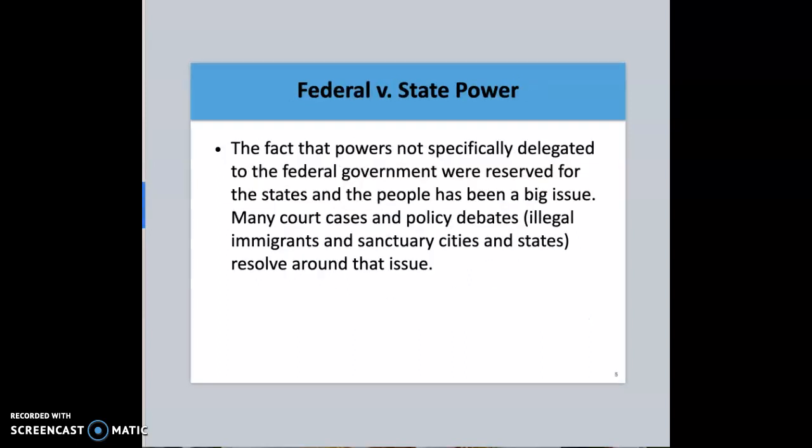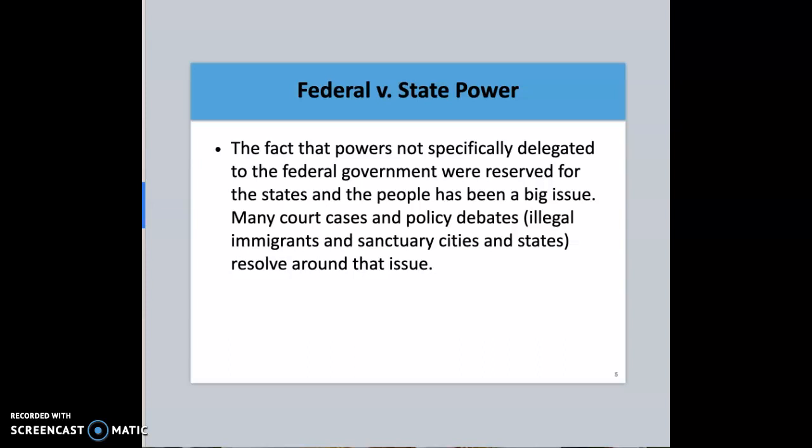Now, there's always been this conflict between federal power and state power. The fact that powers not specifically delegated to the federal government were reserved for the states and the people has been a big issue. Many court cases and policy debates revolve around this issue, right?